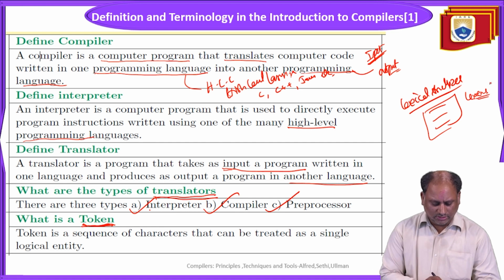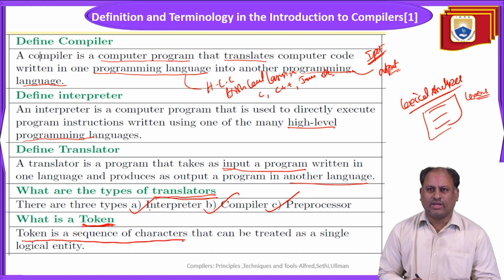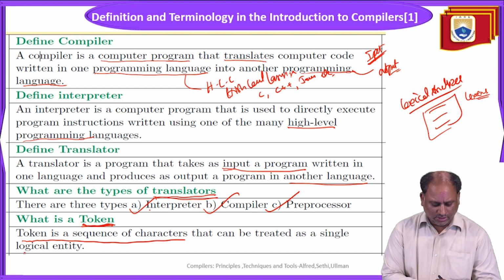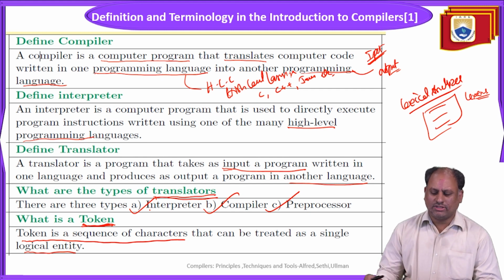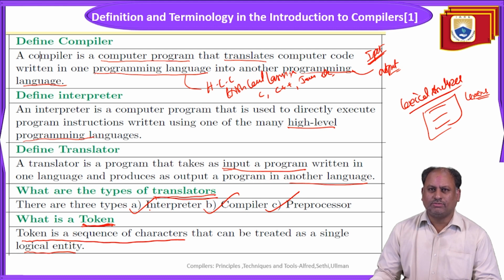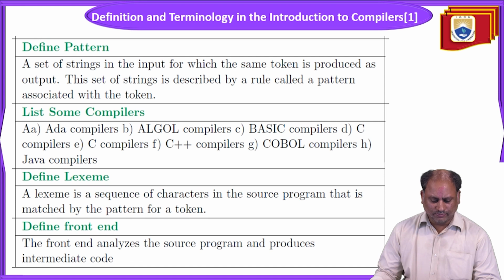So this is called a token, which is arranged as a sequence of characters considered as a single logical entity. That means it is further divisible into smaller units of the program, that is characters. So that is called a token.